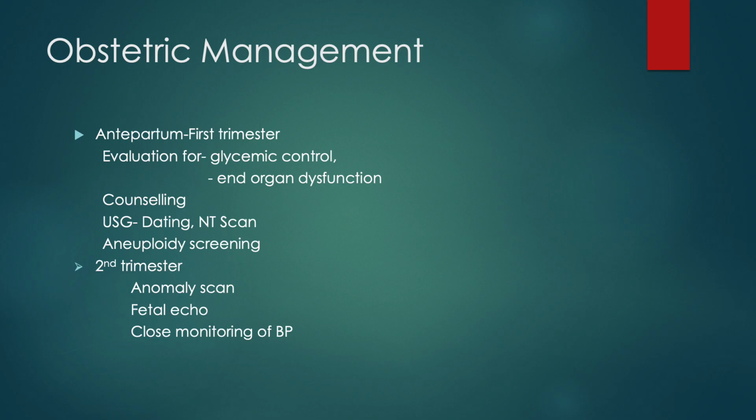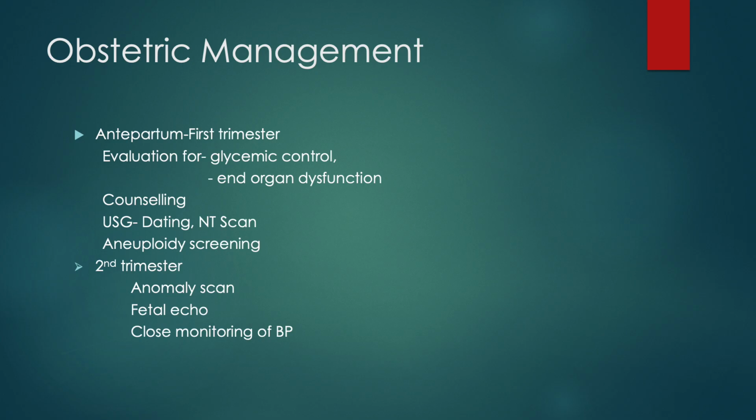And regarding the pregnancy, we have to do a dating scan for accurately dating the pregnancy, because she may need an earlier termination. NT scan should be done at 11 to 13 weeks and should be combined with an aneuploidy screen in the first trimester.